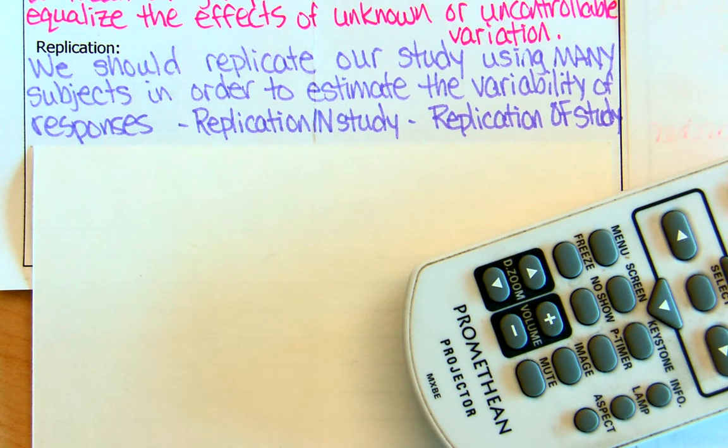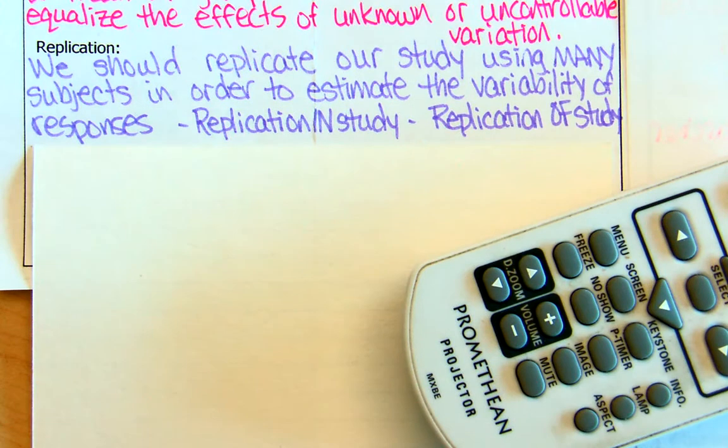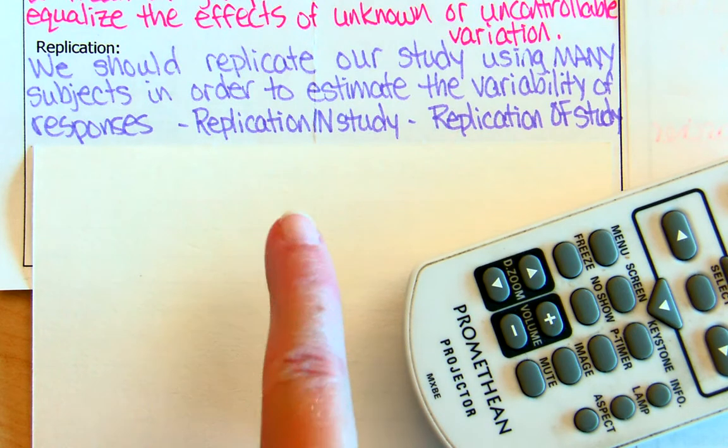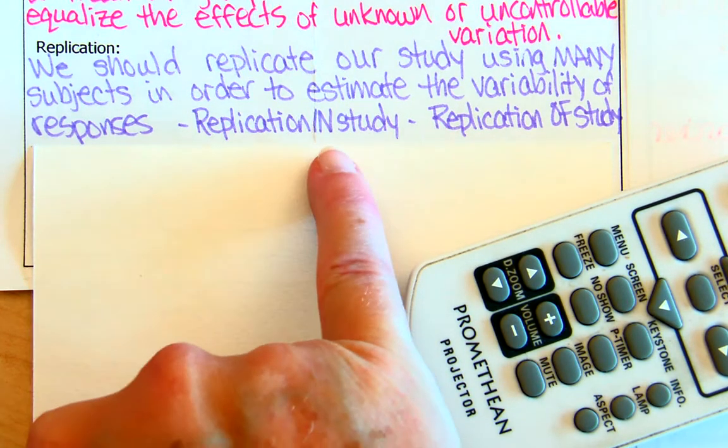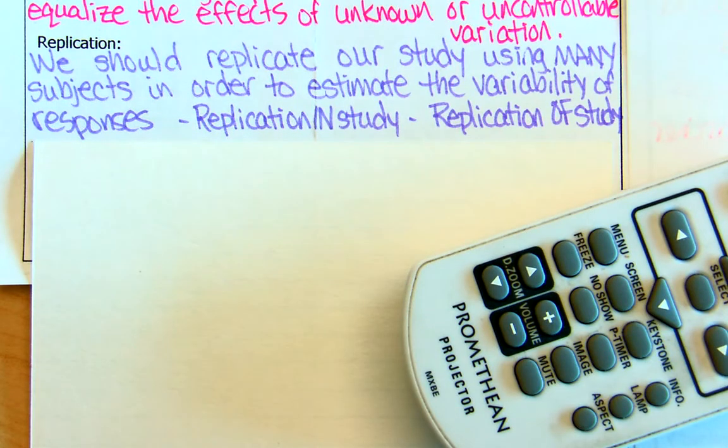We need a lot of people to try each one to see which one is better in general. So we want to use many subjects. So you need to have multiple subjects in each of the treatment groups. That is replication in the study. It's showing within the experiment we have multiple people receiving each treatment.